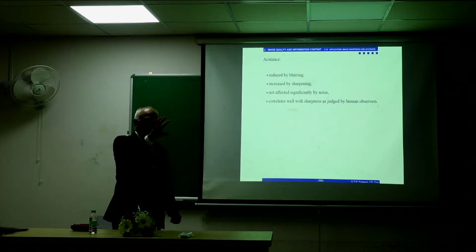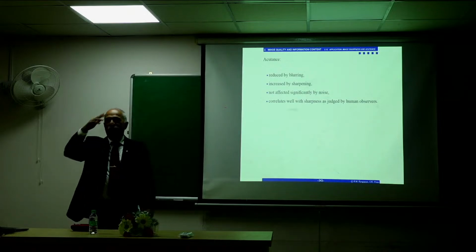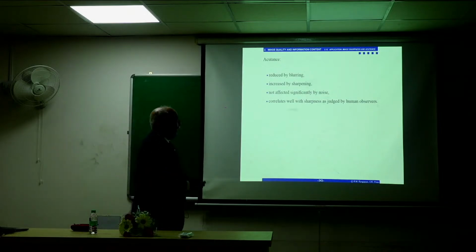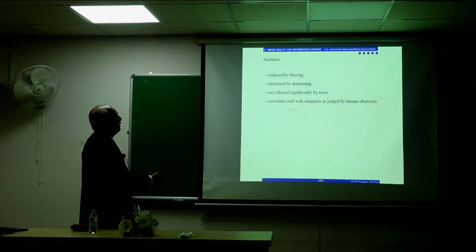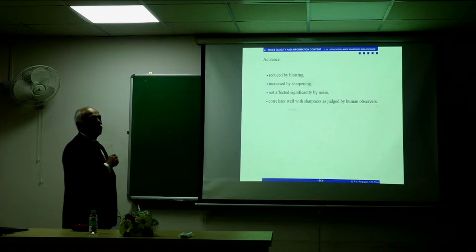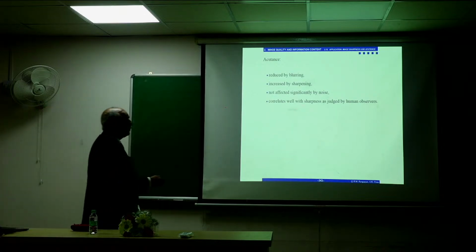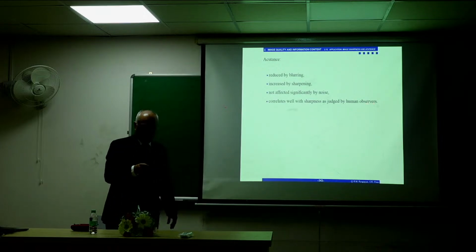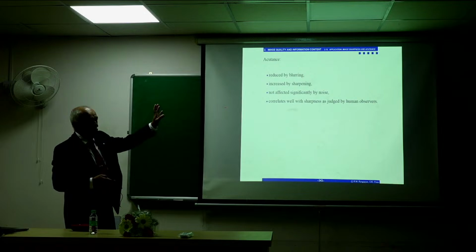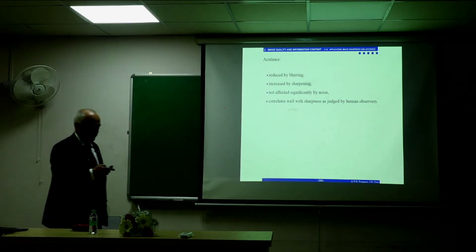So we took a test image, blurred it once, twice, 3 times, 4 times, blurrier and blurrier, added noise, and then we showed that it is reduced by blurring, increased by sharpening, not affected significantly by noise because of averaging of the derivatives, and correlates well with sharpness as judged by human observers. We also applied this to analyze breast tumors in mammograms. I'll show that later on.